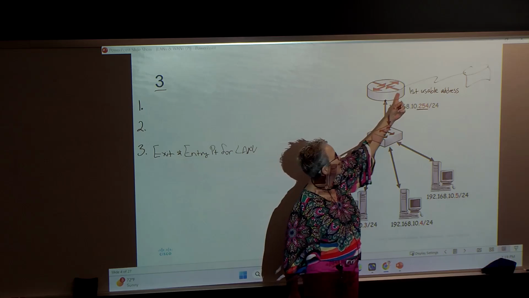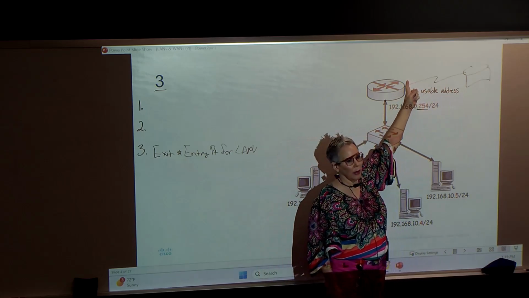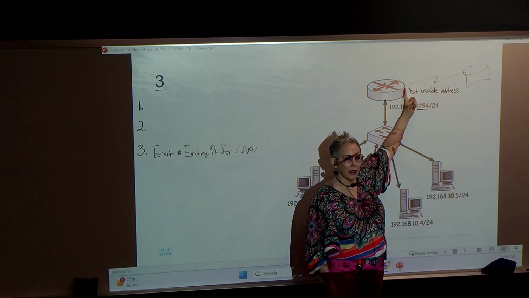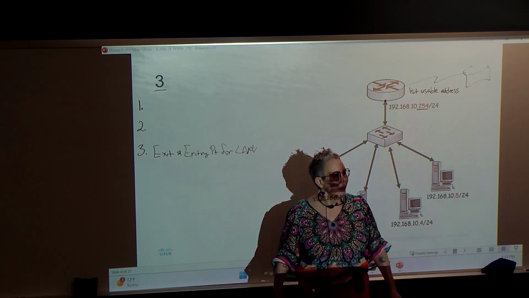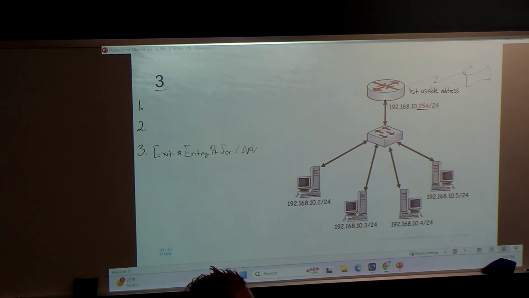So what about this interface on the router that's connected to a WAN? Is that a default gateway? This interface? No, it's not. We talked about that. Okay, Joe, give me another one. Okay, the interface on the what? Right.